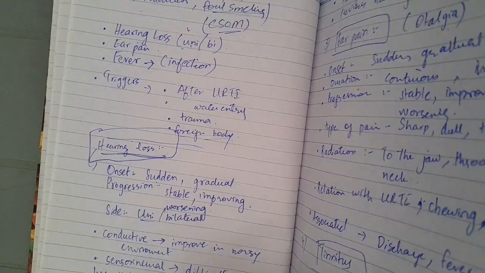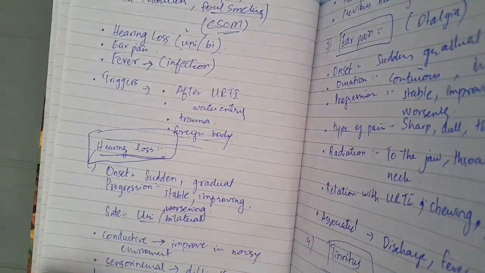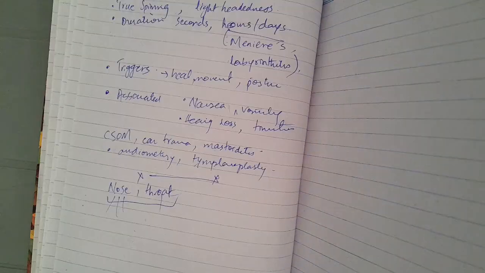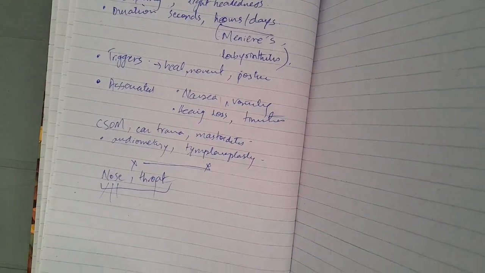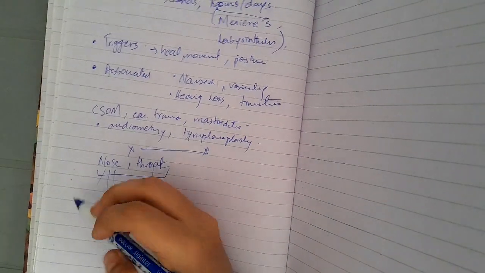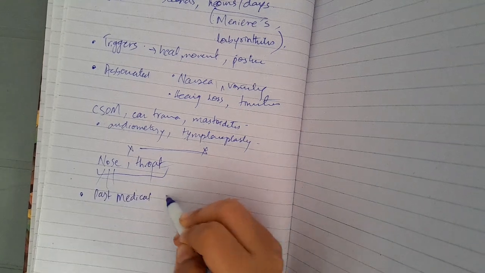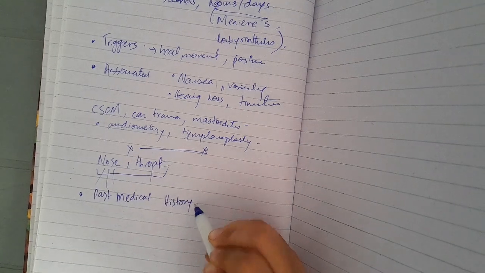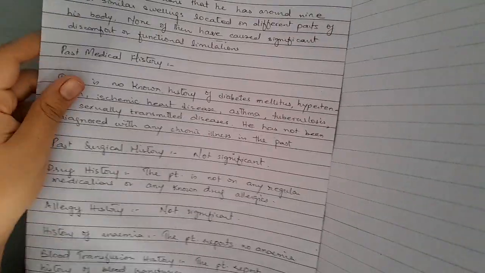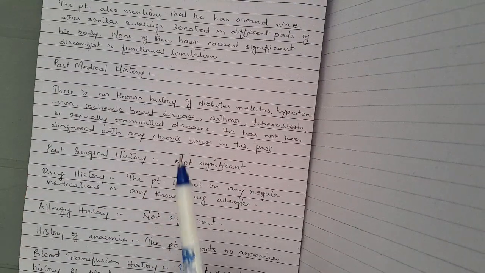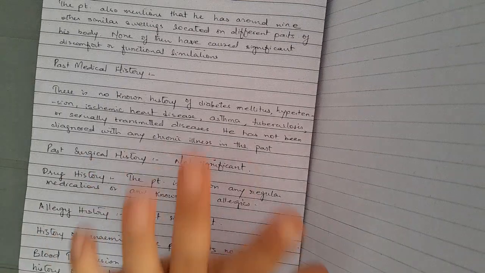So when you have completed the HOPC of the whole ear, if the patient is coming only with the complaint of the ear and you have completed it, then you will ask about the past medical history. In past medical history, as I have written over here, you can see there is no history of diabetes, hypertension, whatever you will ask.